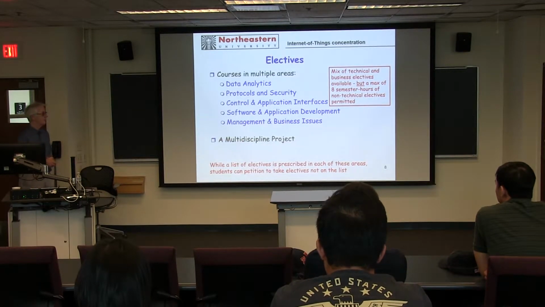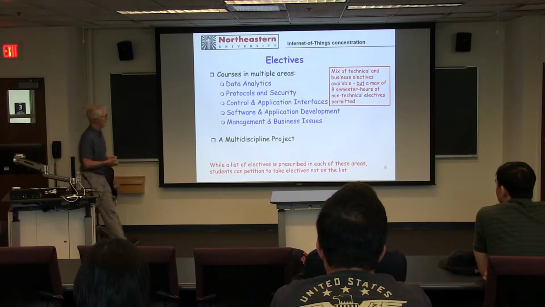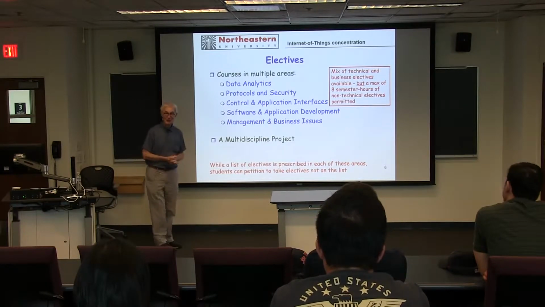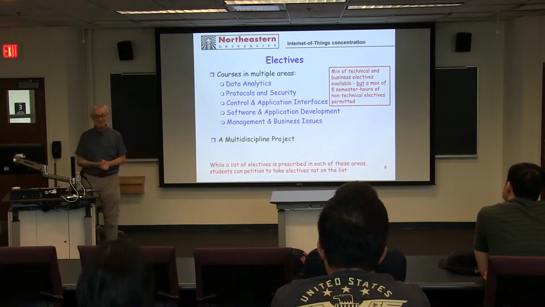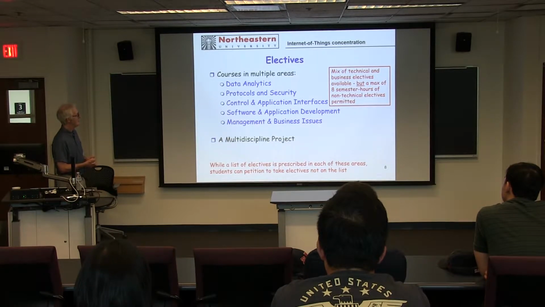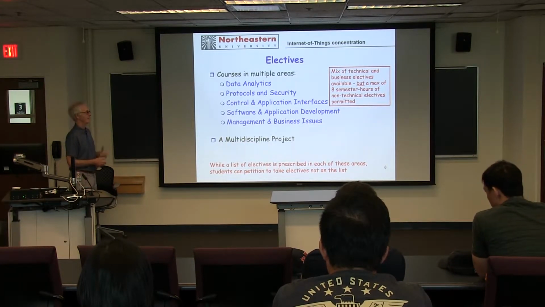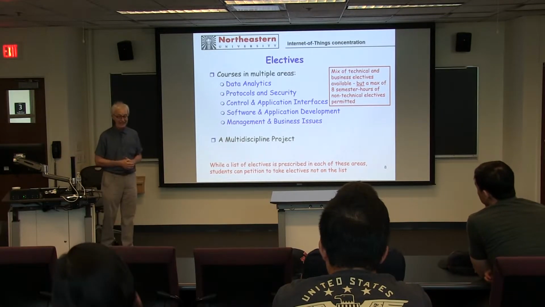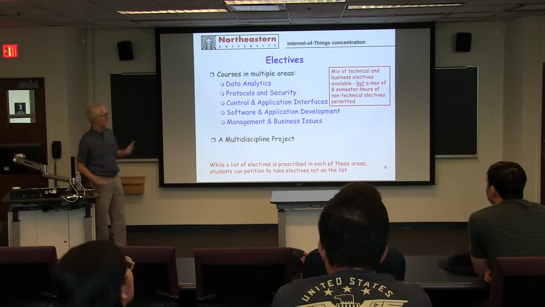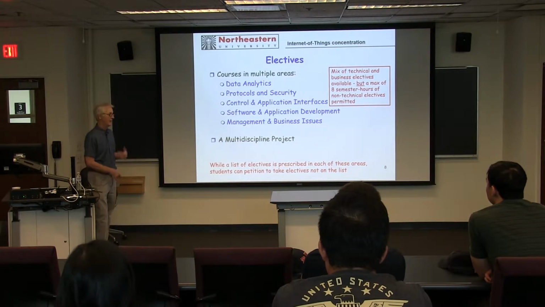So on the elective side, there's a whole bunch of general areas where you can take courses. Data analytics has got very popular, as you all know, these days. One might say there are too many people who want to do data analytics. We also have a master's degree in data analytics and engineering, which is offered out of the industrial engineering department, mechanical and industrial engineering, and there are courses related to data analytics dealing with things like pattern recognition and so on in ECE.